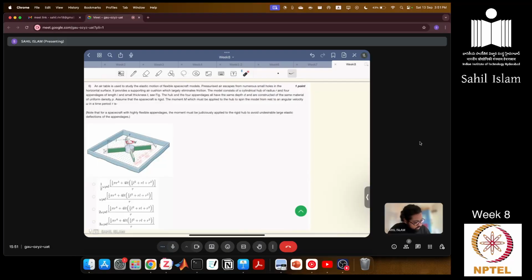It provides a supporting air cushion that largely eliminates friction. So this thing wants to rotate, and because there are air flows like this, it provides a cushion which helps reduce the friction.